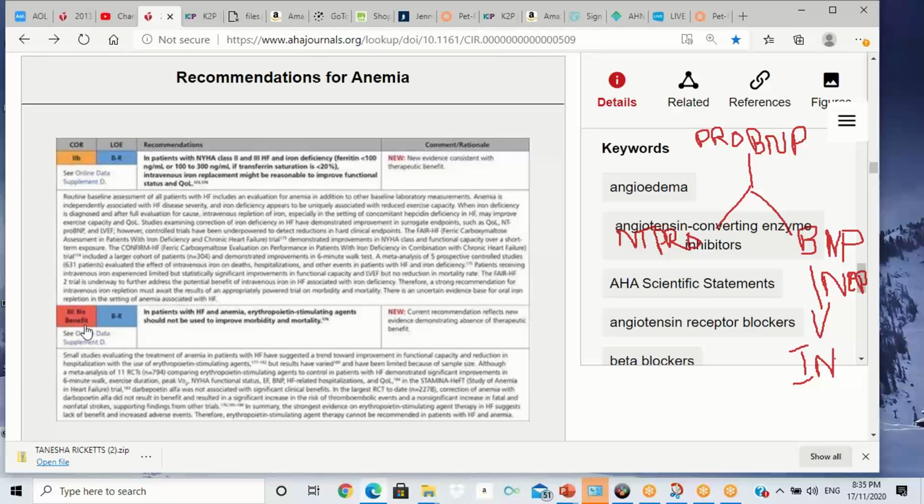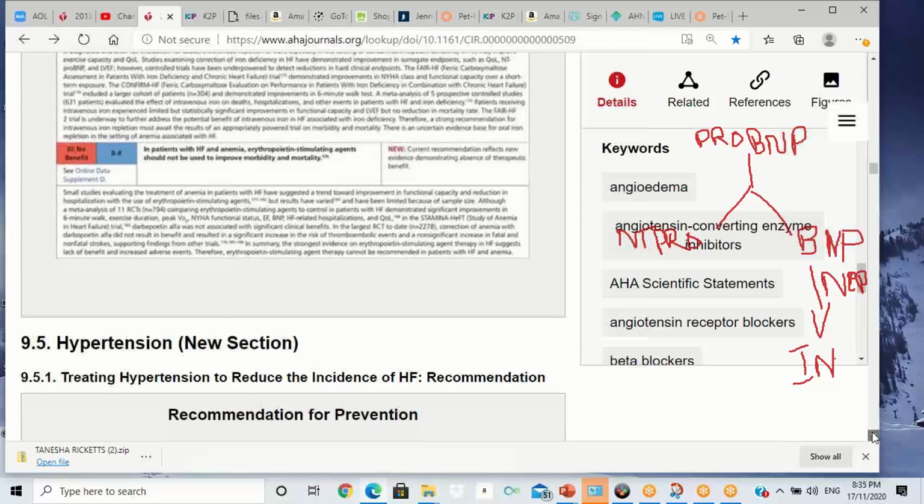However, this is a class 3, so you have to know class 3. In patients with heart failure and anemia, you don't want to give them erythropoietin stimulating agents. It's a class 3, so you need to know it. So no erythropoietin stimulating agents if they're anemic, all right? That can harm, no benefit.